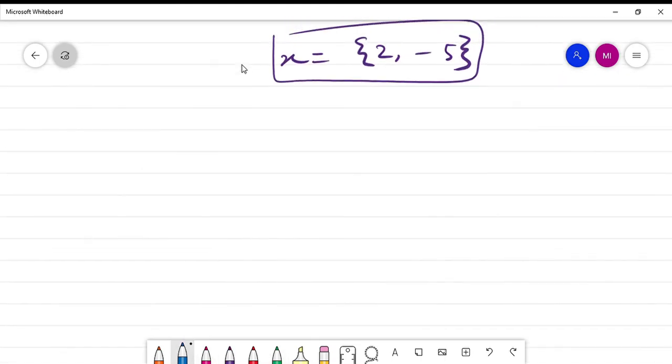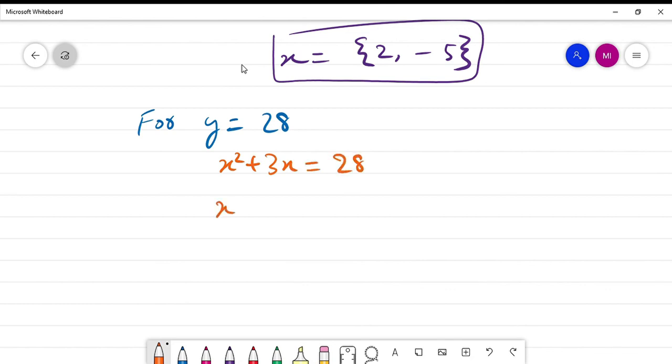And for y is equal to 28, x squared plus 3x is equal to 28. So x squared plus 3x minus 28 is equal to 0. Let's see if we can factorize this.